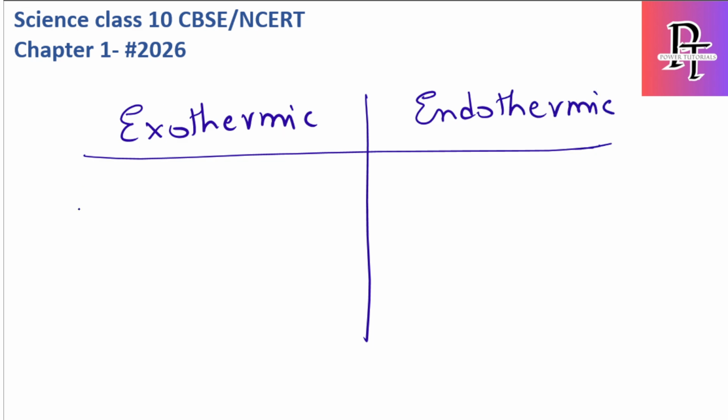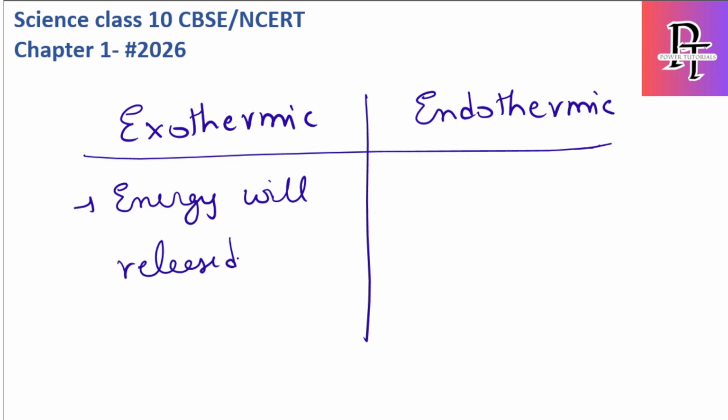So exothermic means energy will get released during a reaction. I'm writing it again: it is energy, not only heat, because there can be any form of energy.